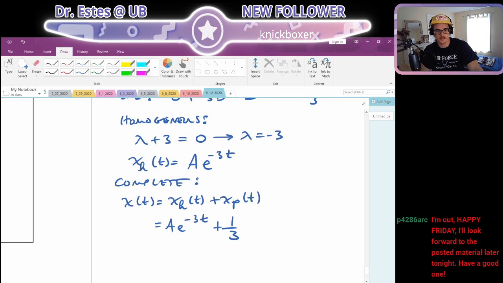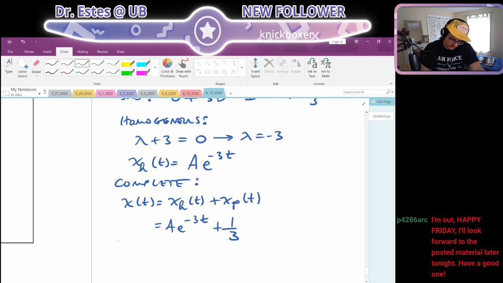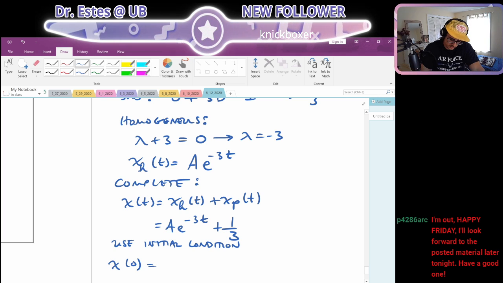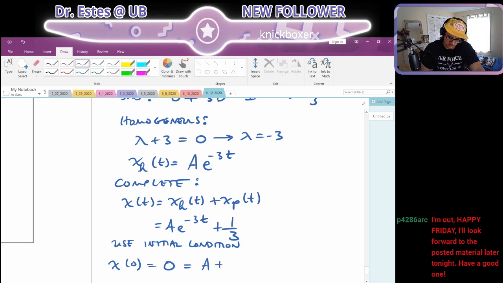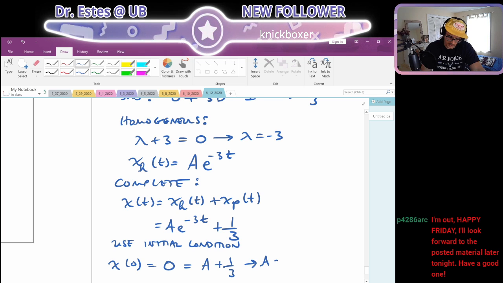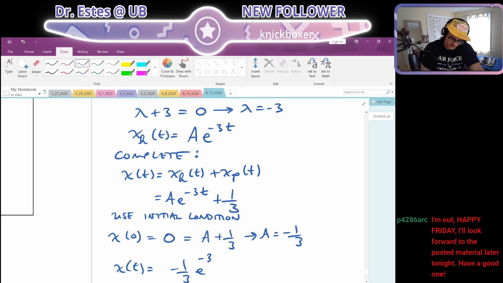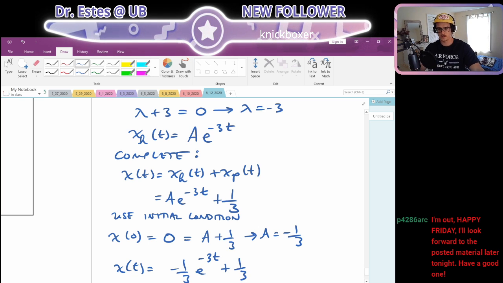And then if we want to get this coefficient, we use the initial condition, x of 0 equals 0, and that'll equal a plus 1/3. So a is equal to minus 1/3. So that means x of t is minus 1/3 e to the minus 3t plus 1/3.